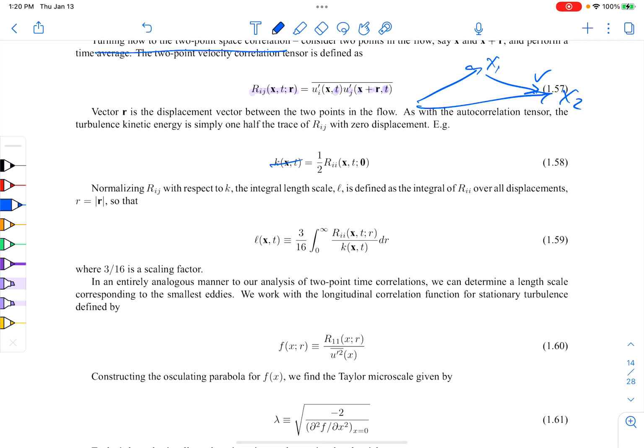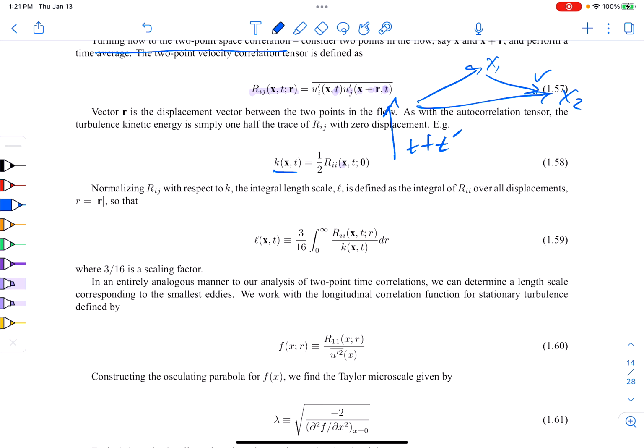Once again, you can recover turbulent kinetic energy by setting x1 equals x2 and leaving time there and setting t or tau prime if there was one. Really, you can make it more general by writing t plus t prime there. Then you have a two-point space-time cross correlation. You can recover turbulent kinetic energy.